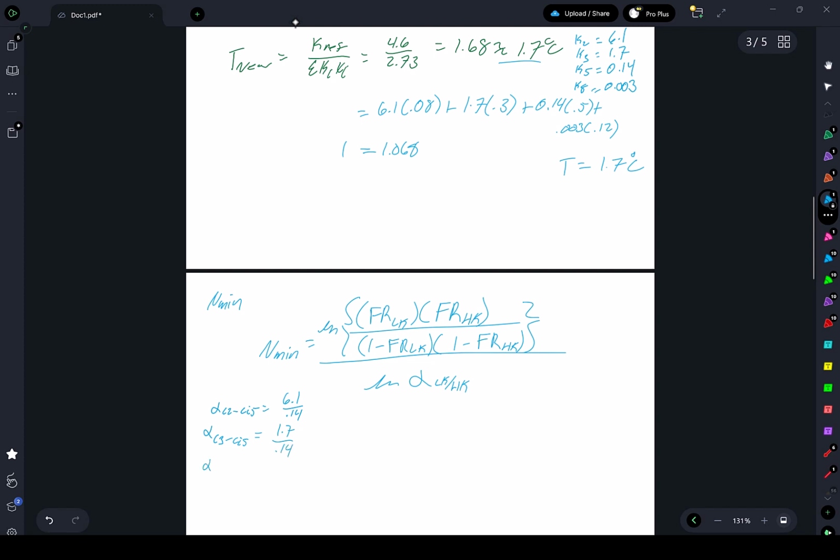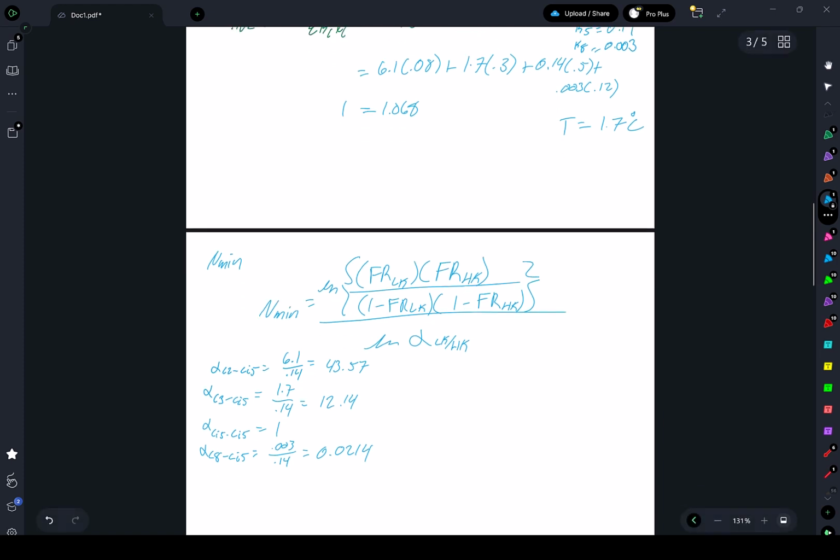Our alpha C5 with respect to itself is just going to be 1. And then our alpha C8, our reference, is just going to be 0.003 divided by 0.14. Okay, so that's going to be our alphas of each component with respect to the reference temperature.